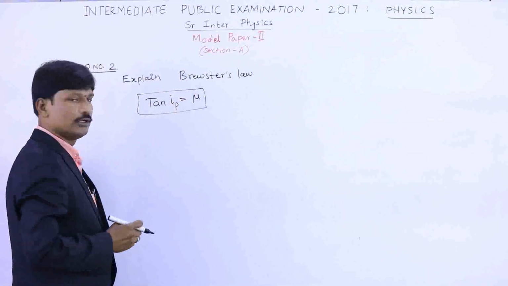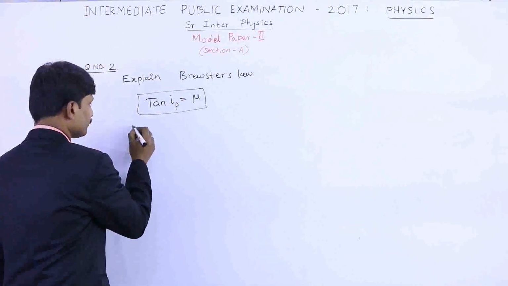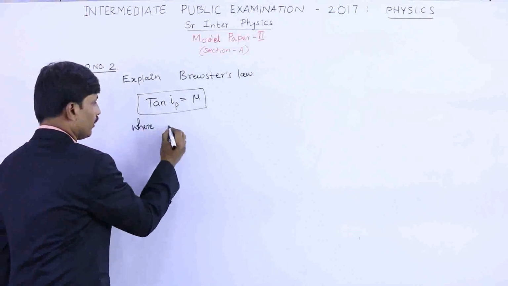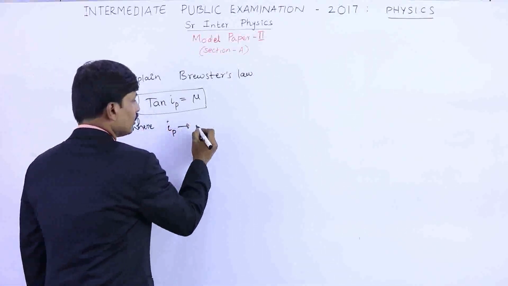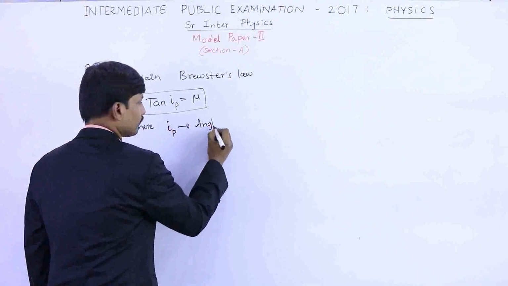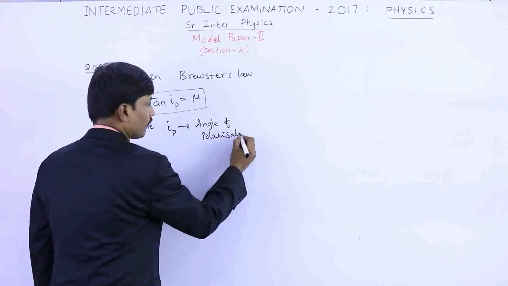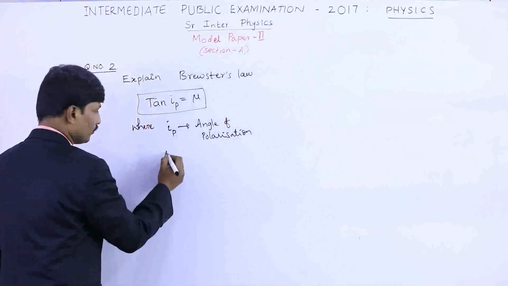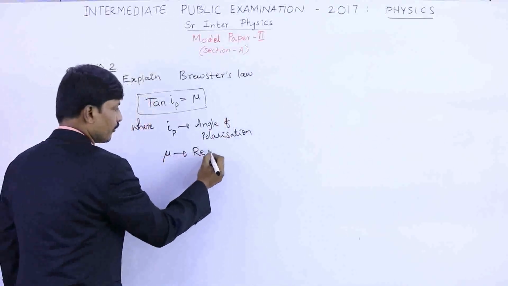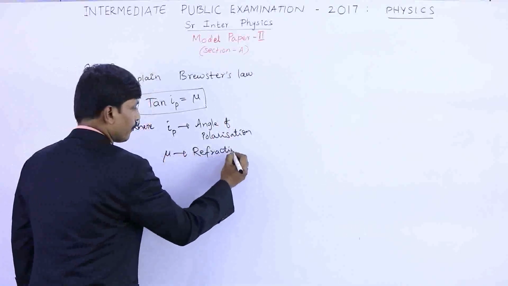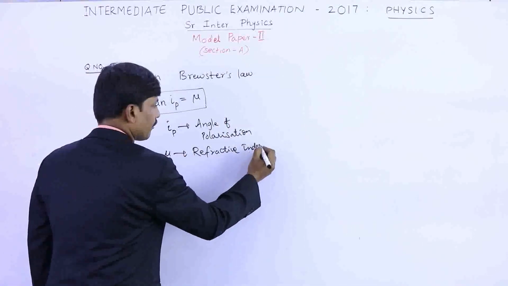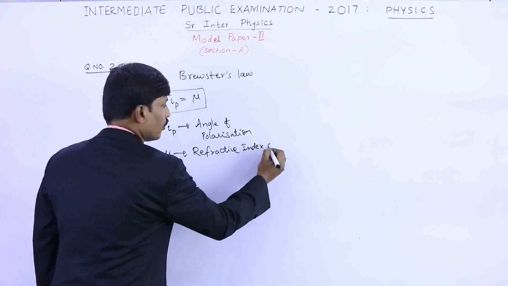So this is called Brewster's law, where IP is called the angle of polarization, and mu is called the refractive index of the medium.